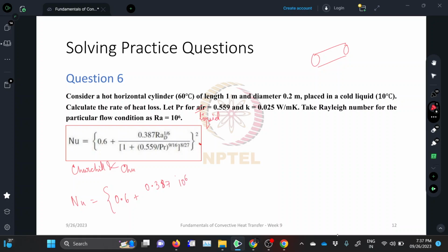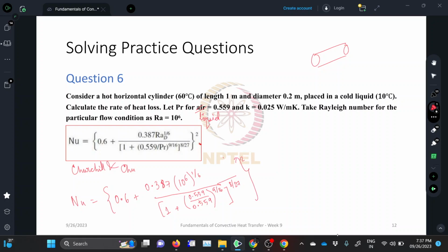So our Rayleigh number is 10 to the power 6, to the power 1 by 6. This would simply become 10. And on the denominator, we have 1 plus 0.559 divided by the Prandtl number, which is also 0.559. So these pieces of data were taken so that our calculation is much easier. So to the power 9 by 16, and this whole thing to the power 8 by 27, squared.